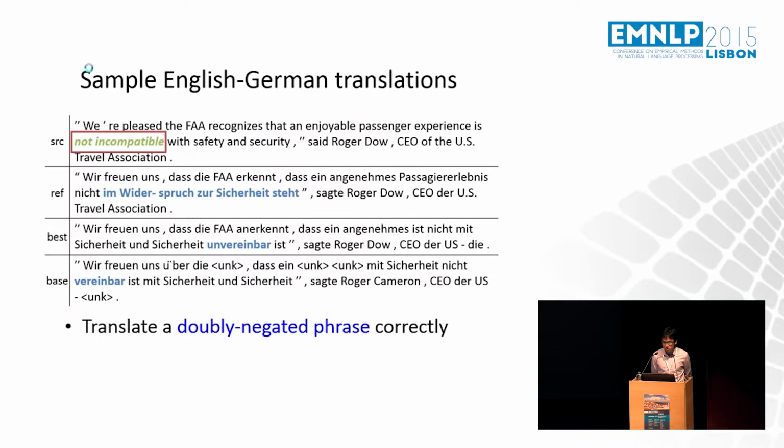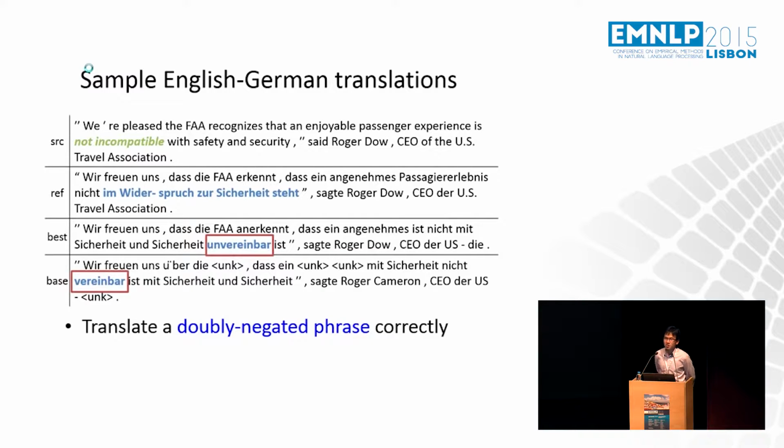Also, we noticed one interesting case where we have the doubly negated phrase, not incompatible. Our best model actually got the doubly negated phrase correctly, whereas the other model missed it, which actually gives the reverse meaning.